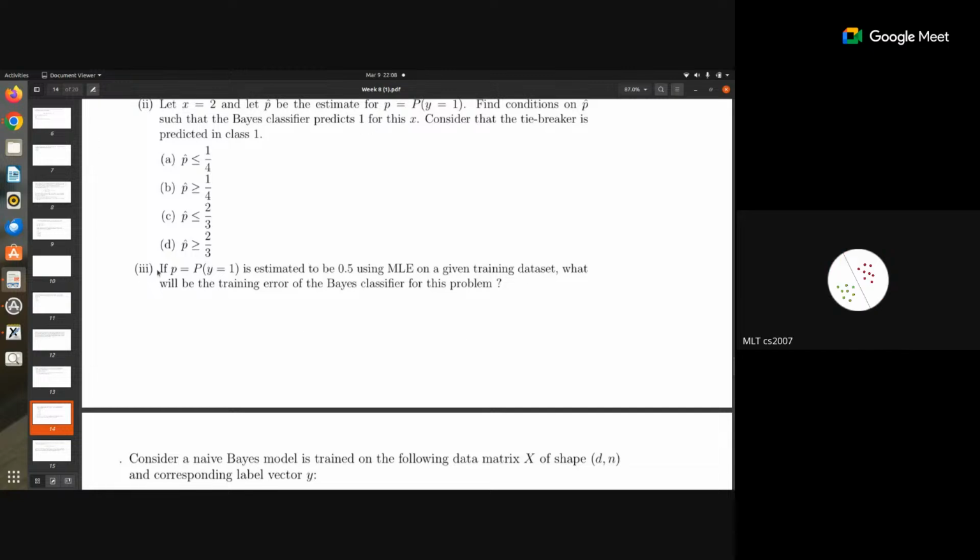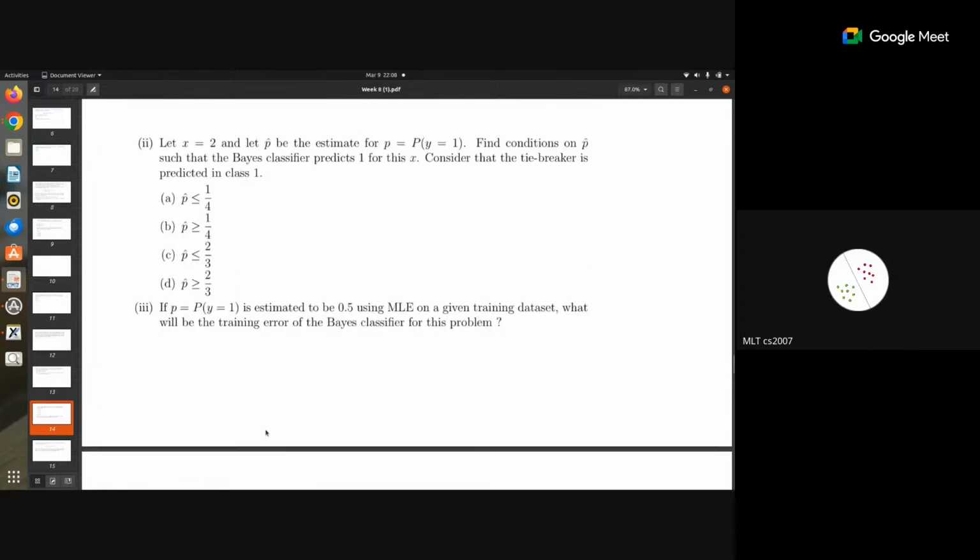What is it saying here? The value of x will not change. The feature distribution is not changing. It's only the classifier parameter that is changing.